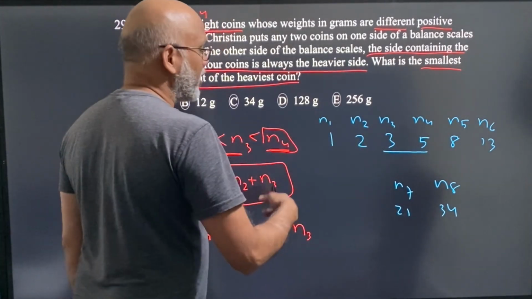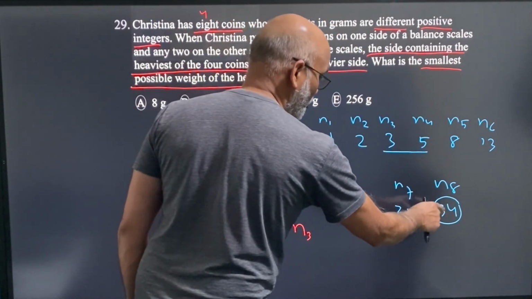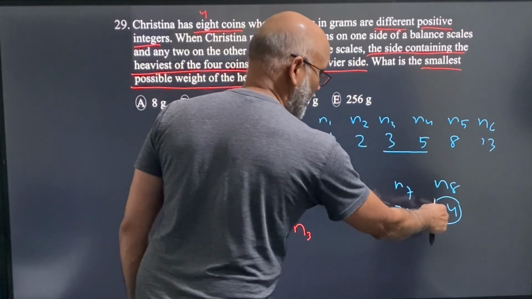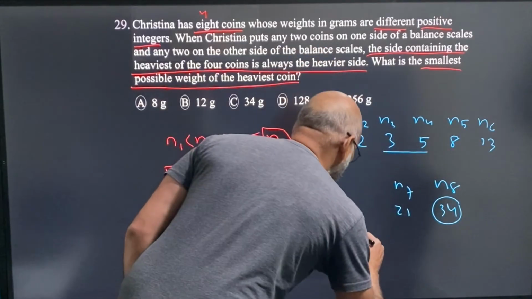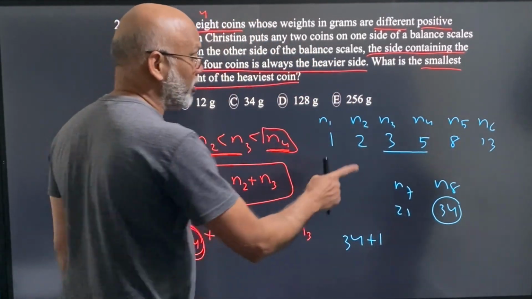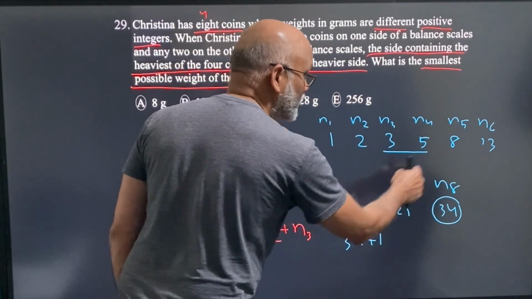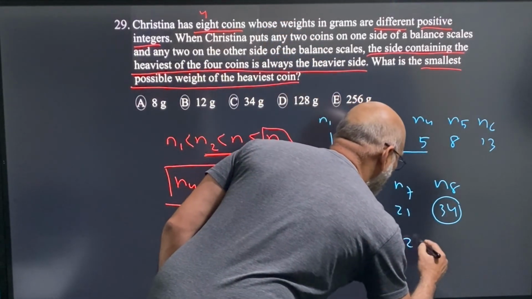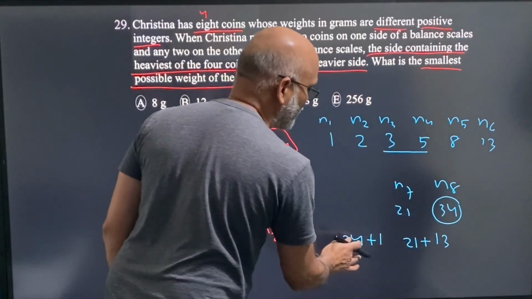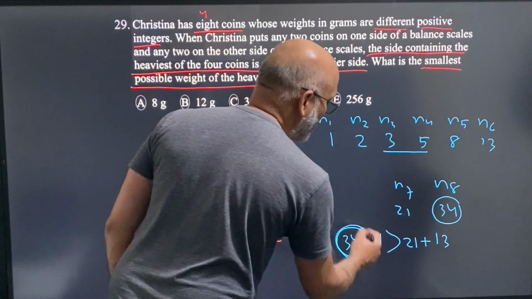We can actually double check, make sure that no matter how you pair n8 with any of these numbers, right? Like you can pair this with the smallest number, so that is 34 plus 1, and it is guaranteed that it will be on the heavier side, meaning even if you pair the next two bigger ones, that is 21 plus 13, and we know that 21 plus 13 is 34, and I'm adding something else to this, so this will be always on the heavier side, right?